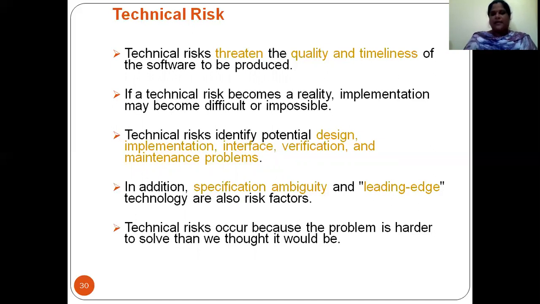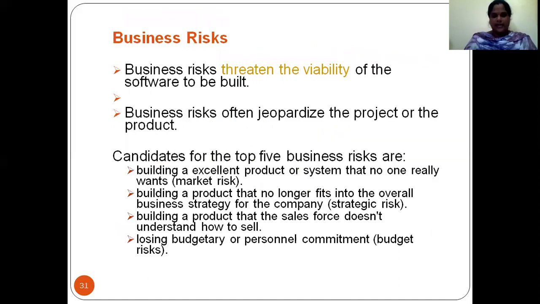Technical risk can be identified in design, implementation, interface, verification, and maintenance phases. In addition, specification ambiguity and leading edge technology are also risk factors. Technical risks occur because the problem is harder to solve. When you are taking a problem, if it is harder to solve than we are thinking, then it comes under the technical risk.